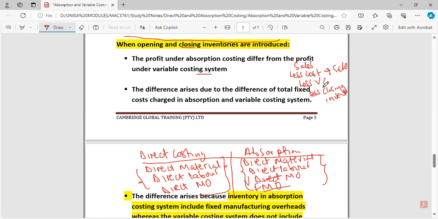Right. So in this closing inventory, this is what makes the profit different. Under the direct costing system, the value of the closing inventory will be less.